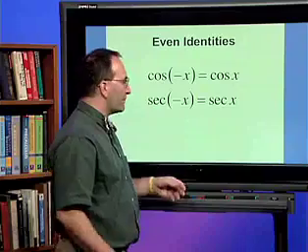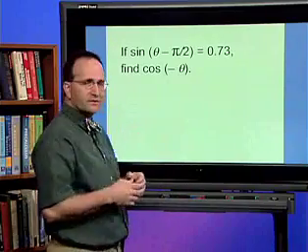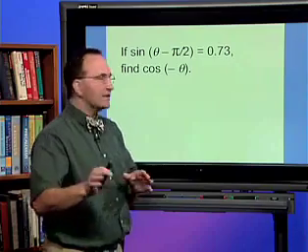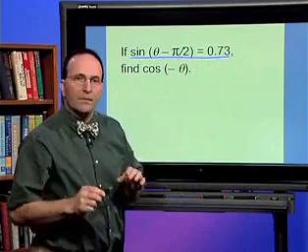Now, let's work an example where we combine some of these identities together. Let's say if the sine of theta minus pi over 2 is equal to 73/100ths, then find the cosine of negative theta. Okay, so let's start by working with this part of the problem.